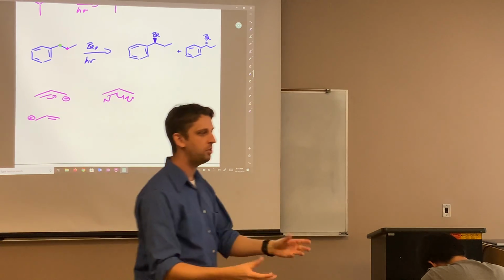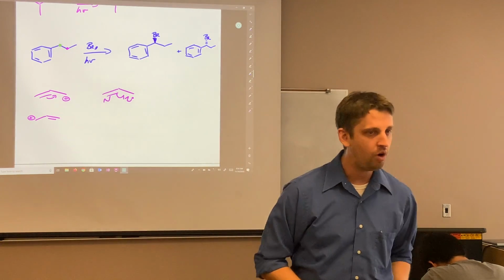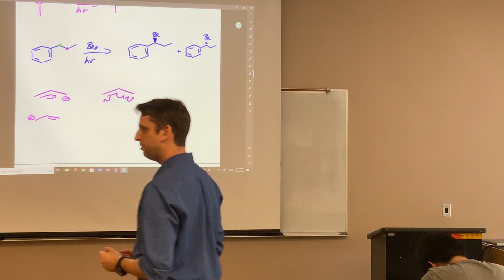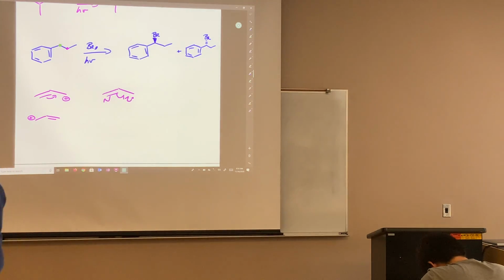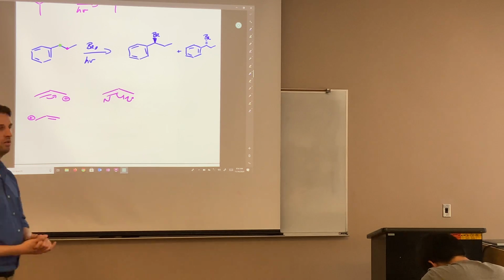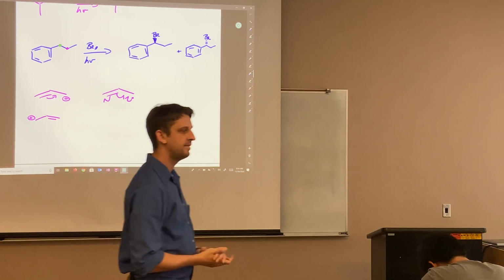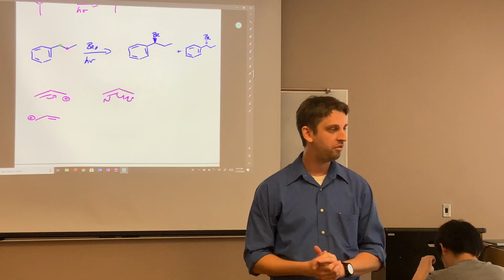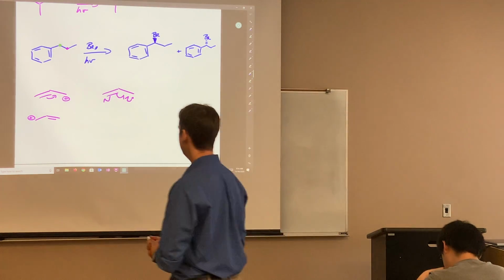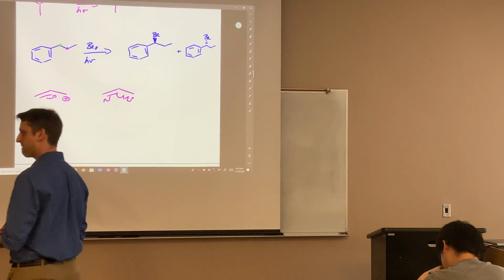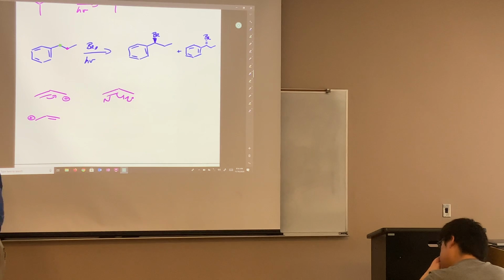They will form at the most stable position. We can draw resonance with them, but they are planar intermediates. And so they're going to form racemic mixtures, okay?